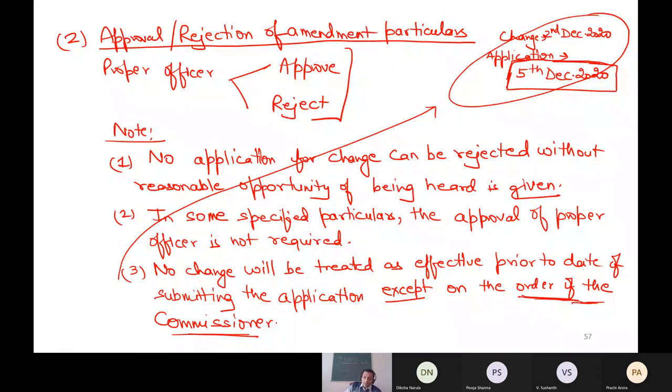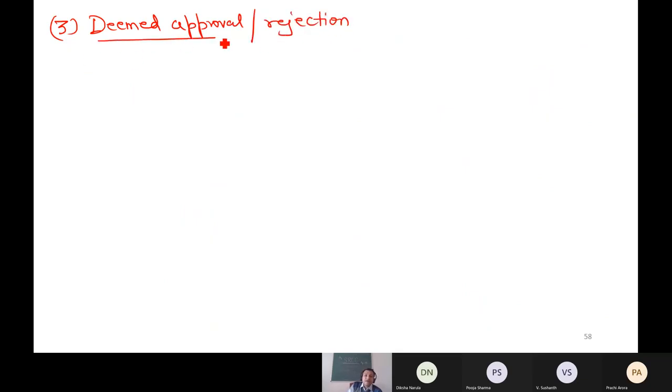And the last point is deemed approval or rejection. Same is the case, just like granting the application of registration.